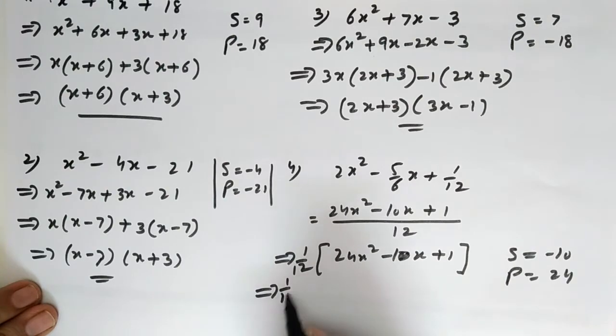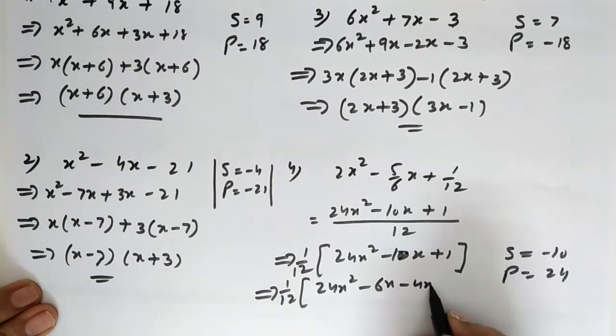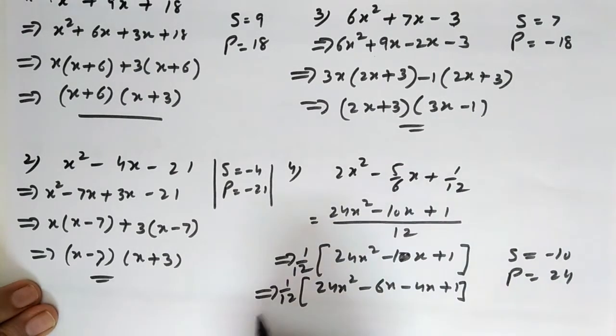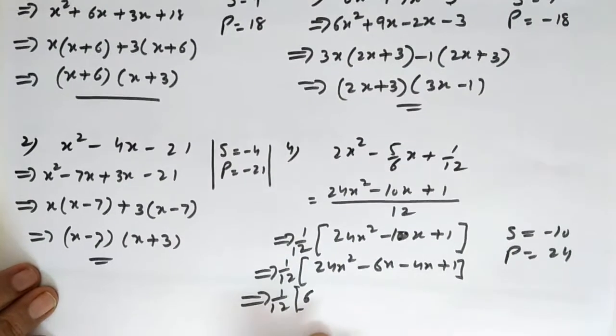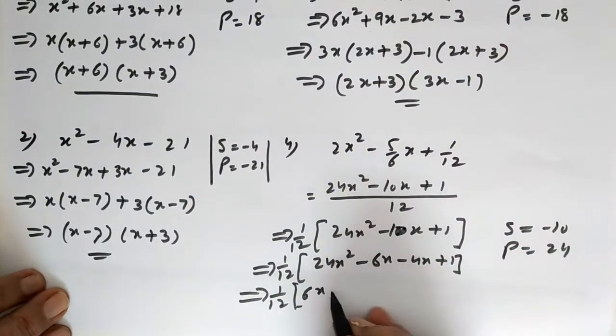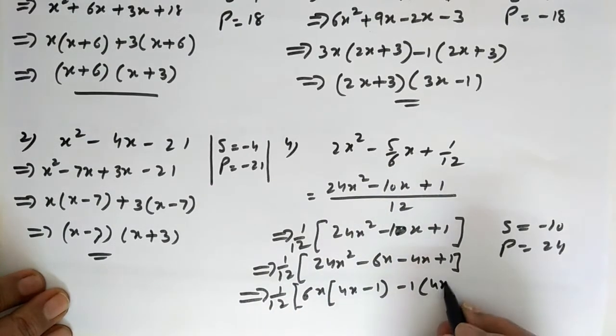This 1 upon 12 will be as it is: 24x square minus 6x minus 4x plus 1. You can take 6x common. Inside you get 4x minus 1, then minus 1 common, 4x minus 1.